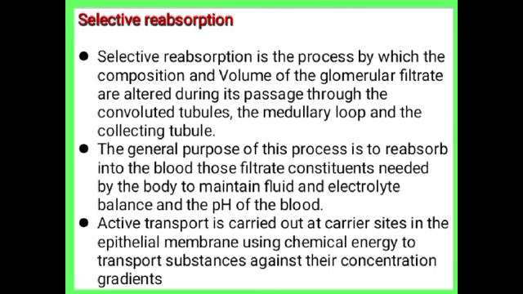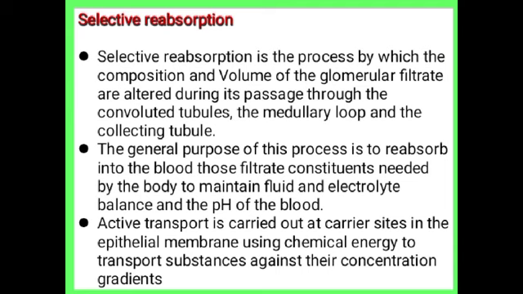Instead of those substances that have been filtered continuing to run into the collecting tubule, at the proximal convolution some substances and some amount of fluid that is still needed in the blood are reabsorbed back into the bloodstream because of the diffusion between the tubule and the capillaries. That's why it is called convolution. This is the area whereby the tubule convolutes or aggregates together with the blood capillaries, making the diffusion of substances easy to occur.